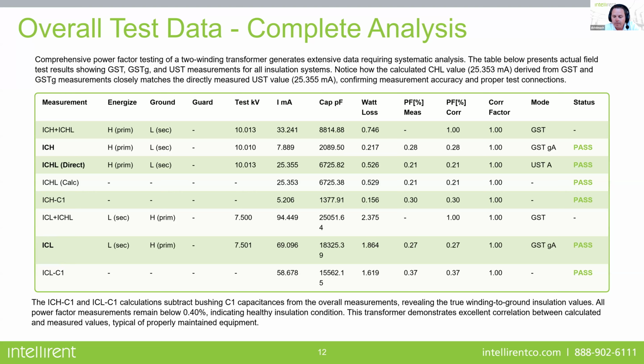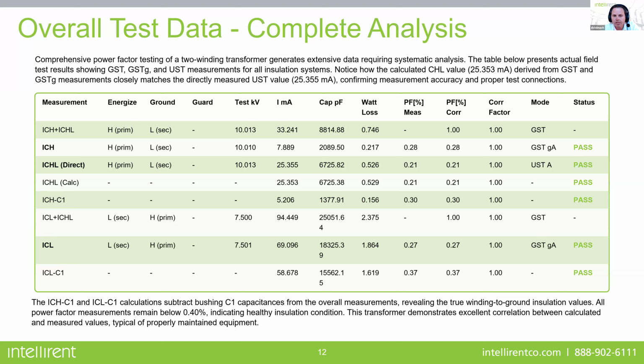So a perfect power factor for a brand new transformer would be about 0.2 to maybe 0.3 in that range, and you can trend it over time. And this is all done at 60 hertz. So you can see all these power factors are 0.28, 0.21, really good condition, low watts, and a healthy insulation system.